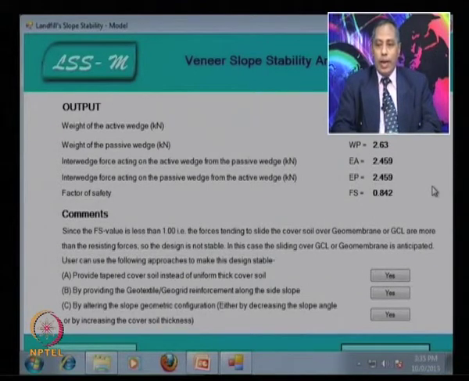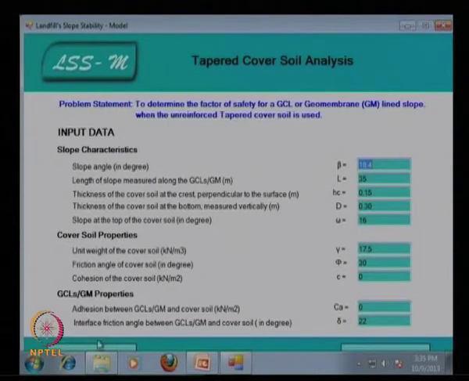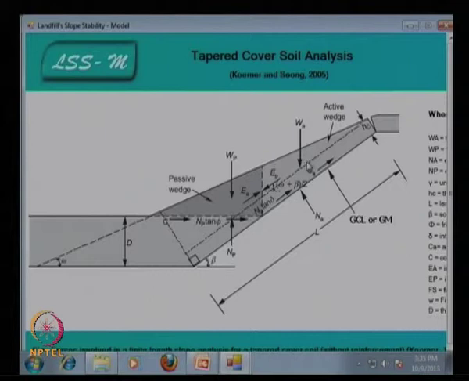Let us say in case A, we provide the tapered cover soil instead of the uniform thickness. If you go for tapered cover soil, that means it will be like this. Initially it was uniform, and now the tapered cover soil has been used.